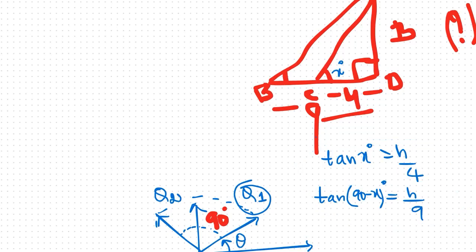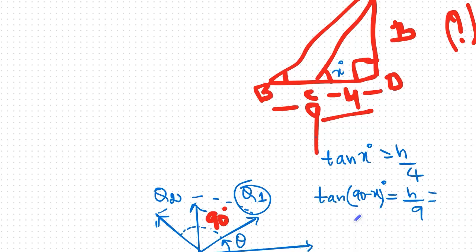We have tan h by 4, and for tan of 90 minus x, the angle will change into cot.